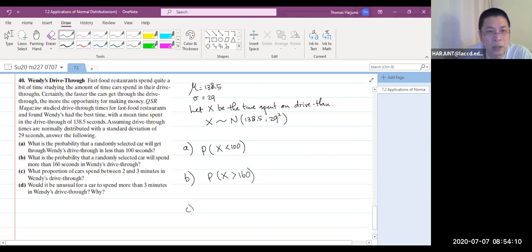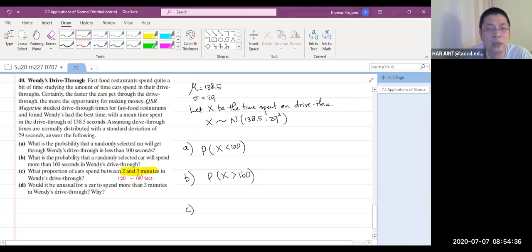Part C, what proportion of cars, that's represented by the probability later on, spend between 2 and 3 minutes. That's actually 120 seconds to 180 seconds.